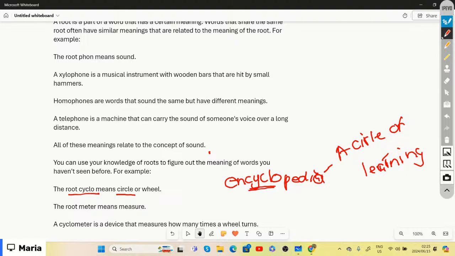All right, so that is basically encyclopedia, which goes with that root word cyclo, and cyclo means either circle or a wheel because a wheel is circular. All right, so let's think of another word with meter in it.